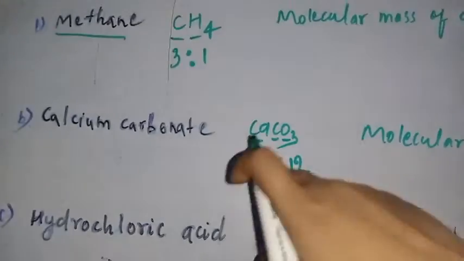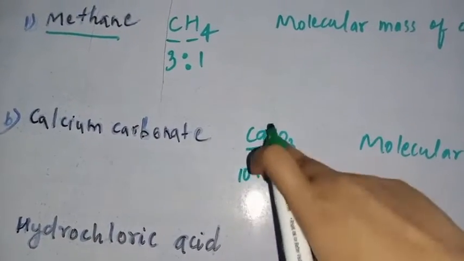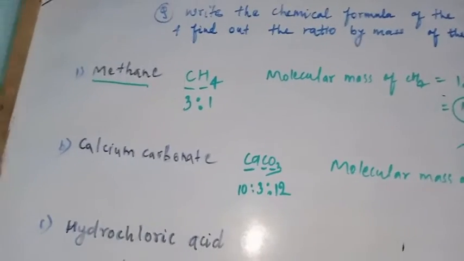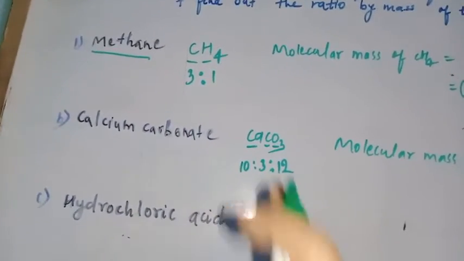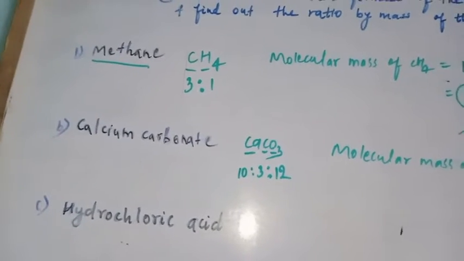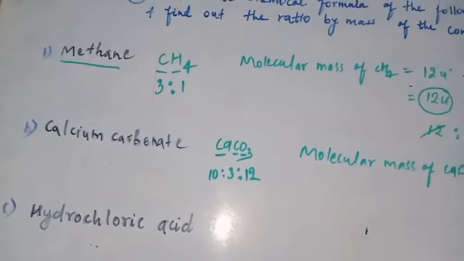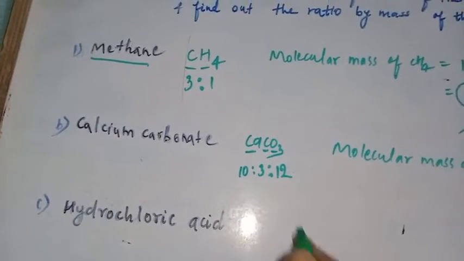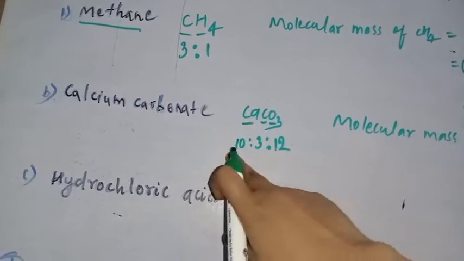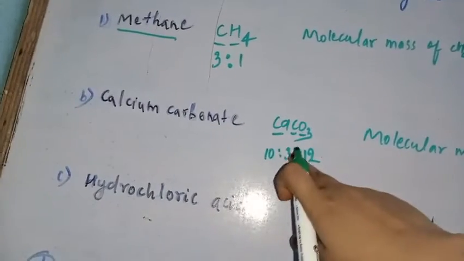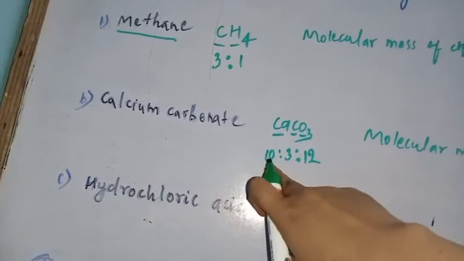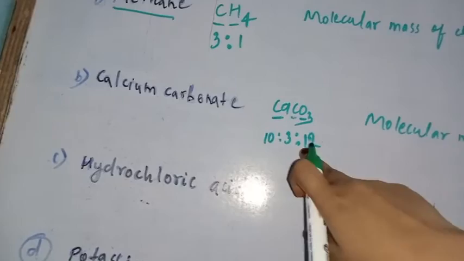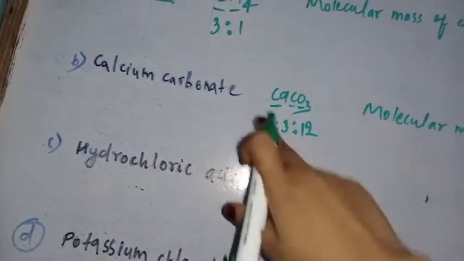So 10 for calcium, 3 for carbon and 12 for oxygen. So anytime you are thinking to prepare calcium carbonate, then you have to combine these very elements in this ratio only, that is 10 is to 3 is to 12. That is 10 grams of calcium, 3 grams of carbon and 12 grams of oxygen. Then you will get 1 mole of calcium carbonate.